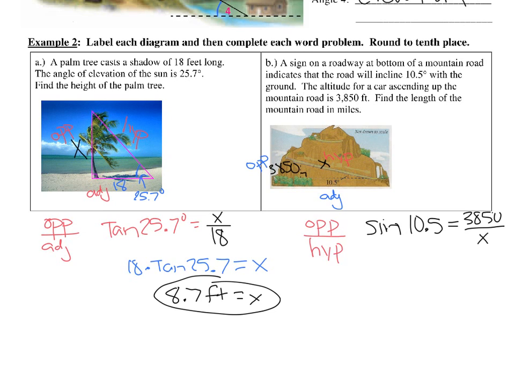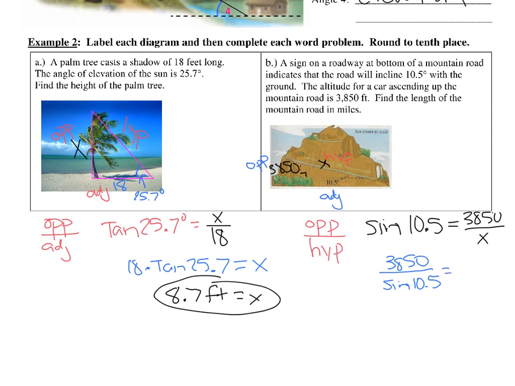Remember, if what we're looking for is in the denominator, we're just going to switch the places of these two. So when we rewrite our problem, it's 3,850 divided by sine of 10.5 degrees.